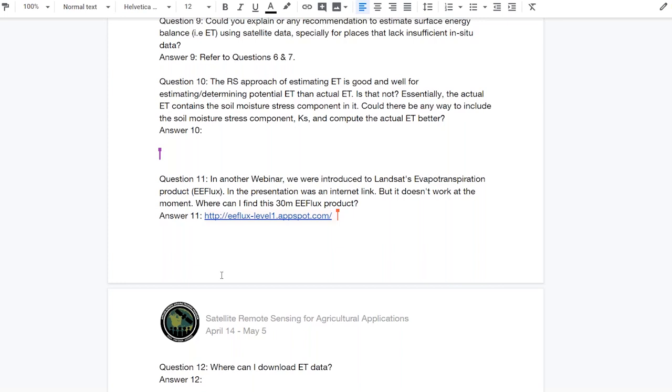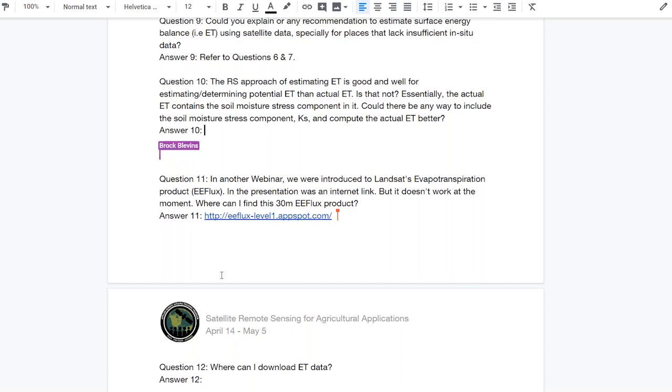Well, the point is, we don't use remote sensing to estimate potential ET. Potential ET is a function of the meteorology, of the atmosphere's ability to take in water. The remote sensing approaches that we have here are estimating actual ET.